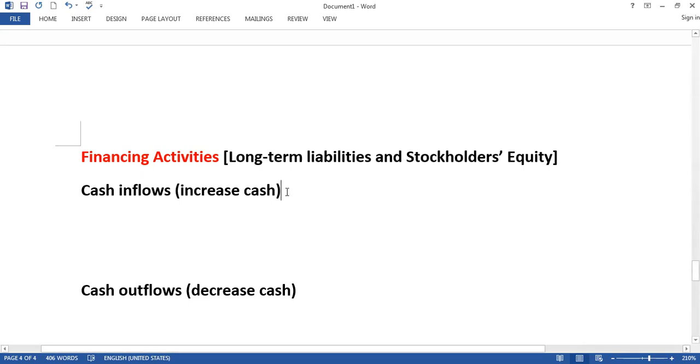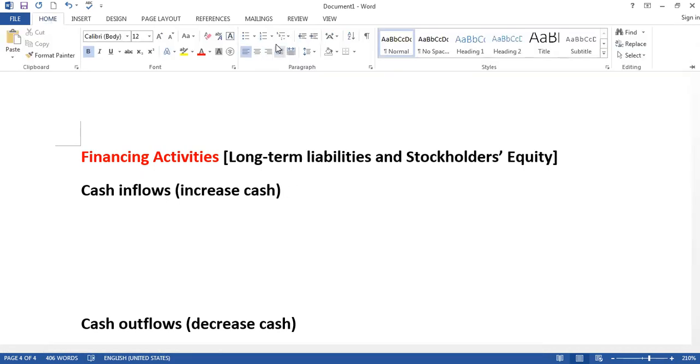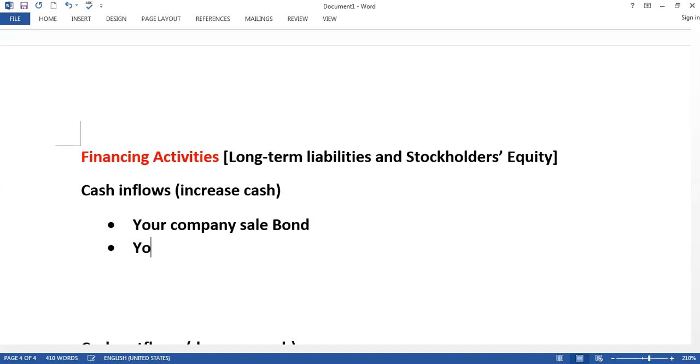Now look at the cash inflows of financing activities. Your company sell bond, sell common stock.